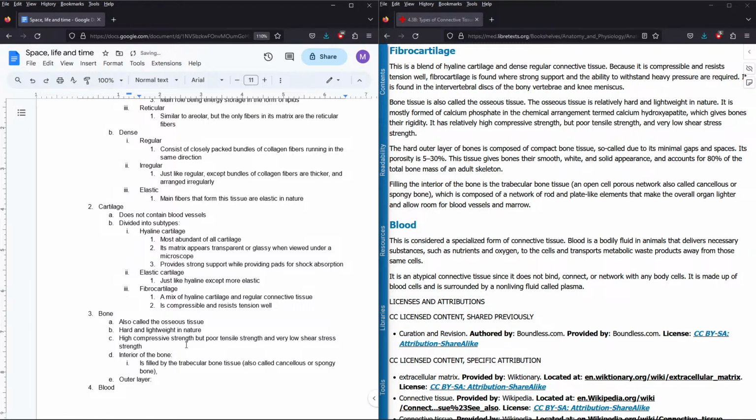Which is composed of a network of rod and plate-like elements that make the overall organ lighter and allow room for blood vessels and marrow.